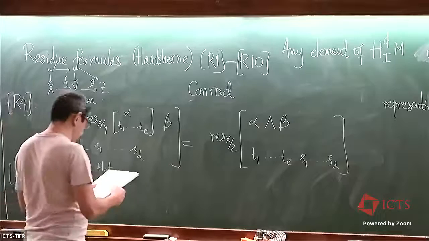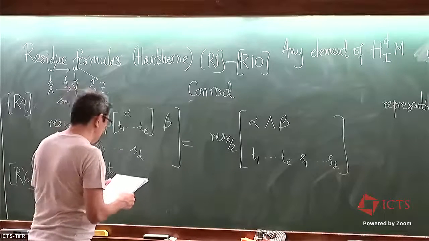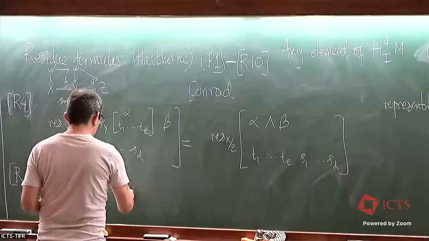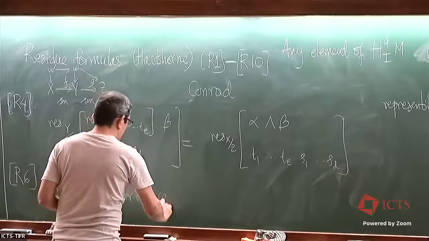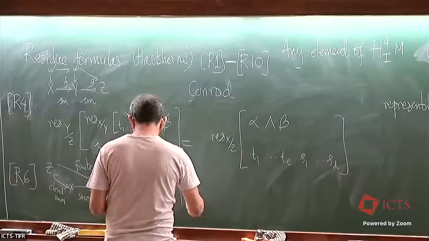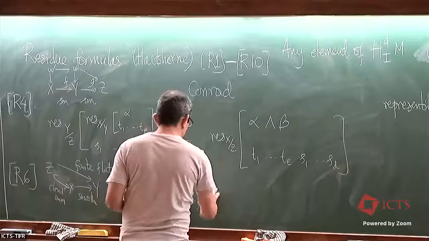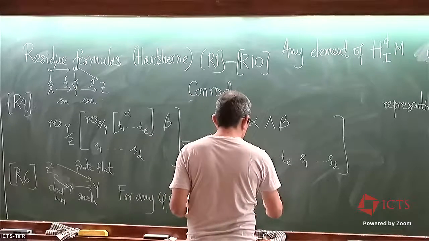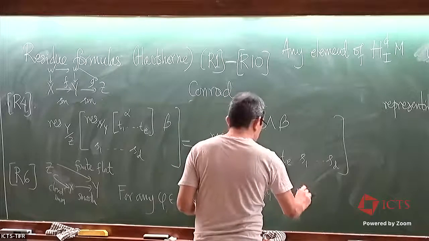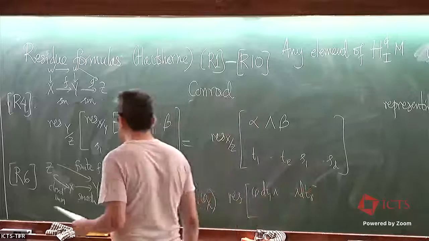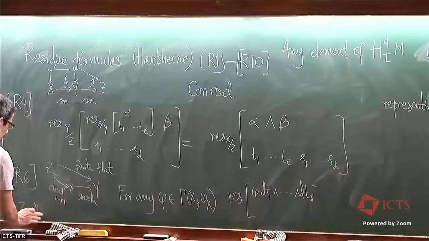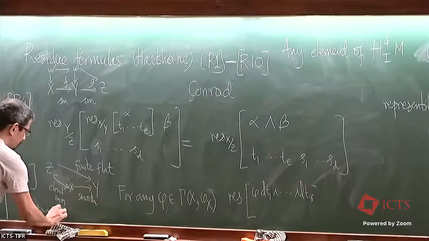What we want to say is that, okay, there are two formulas. Let me mention both of them. So for any phi belonging to gamma x OX, we have residue of phi dt1 wedge dtr, where t1 to tr, so Z is the zero locus of t1 to tr.